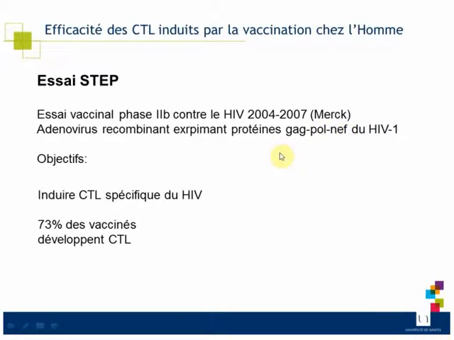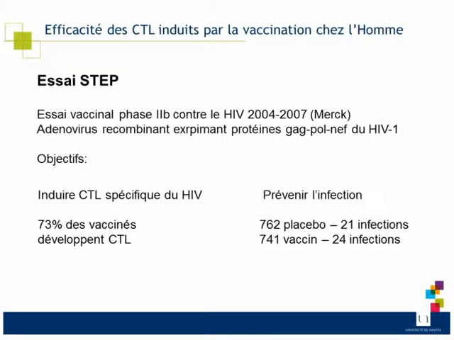Second objective was to prevent infection or reduce the severity of the pathology. How about this? This was a randomized placebo-controlled trial, double-blind. When the results were unblinded, it was found that there were 21 infections in the placebo group and 24 infections in the vaccine group. So there was no evidence of protection, even though the vaccine had been able to induce CTL.